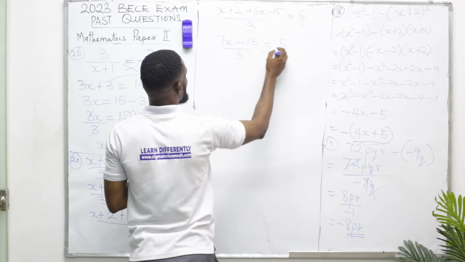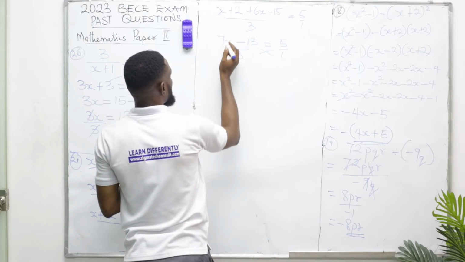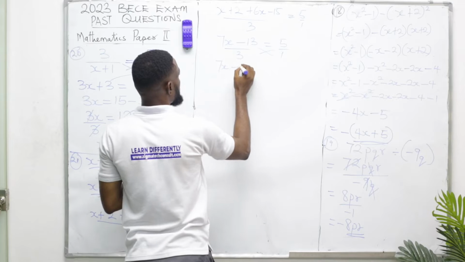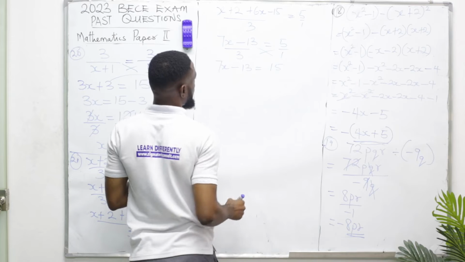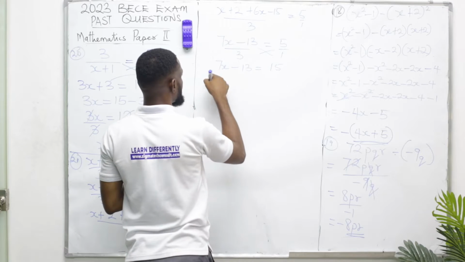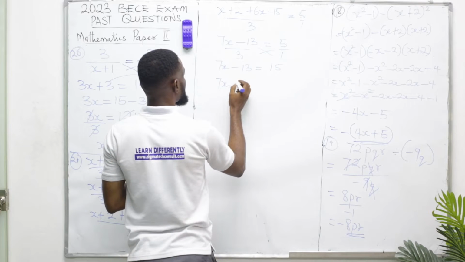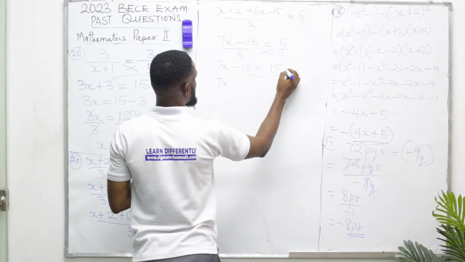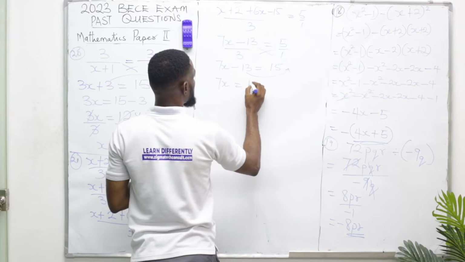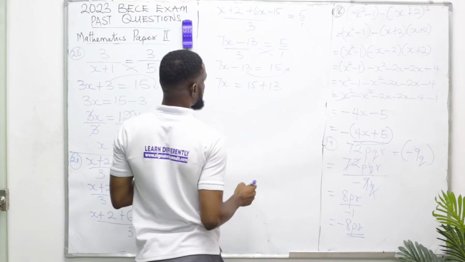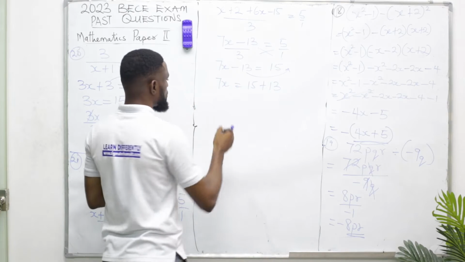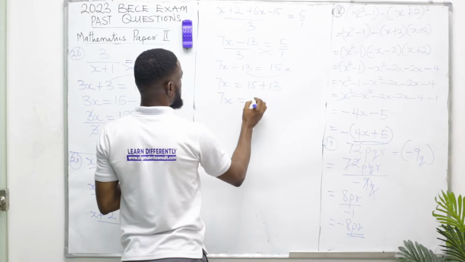At this point, we can now cross multiply. Multiplying everything here will be 7x minus 13 is equal to 15. Is that okay? All right, so our 7x will now be equal to 15 plus 13. So 7x is 28.